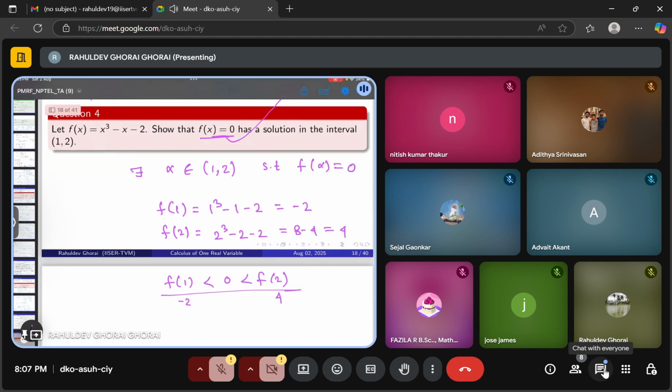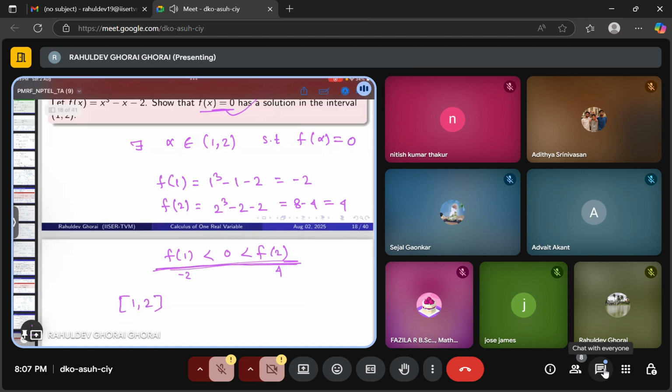So this is true, and f is continuous on 1 to 2. So f is continuous, and if you have this, by the intermediate value theorem there should exist an alpha such that f(alpha) is 0. It should take that value.